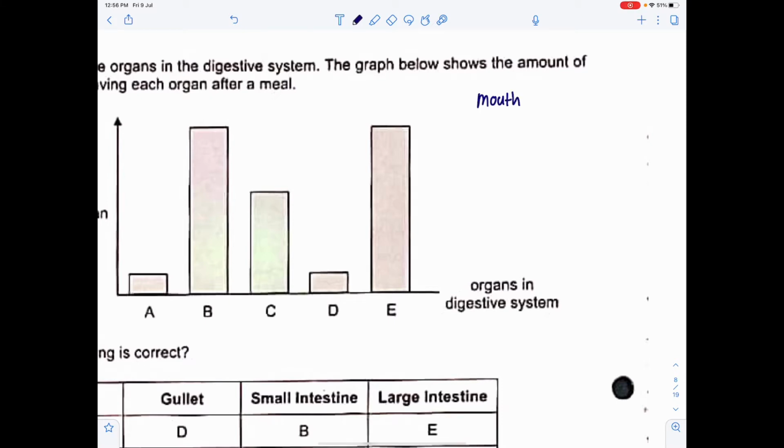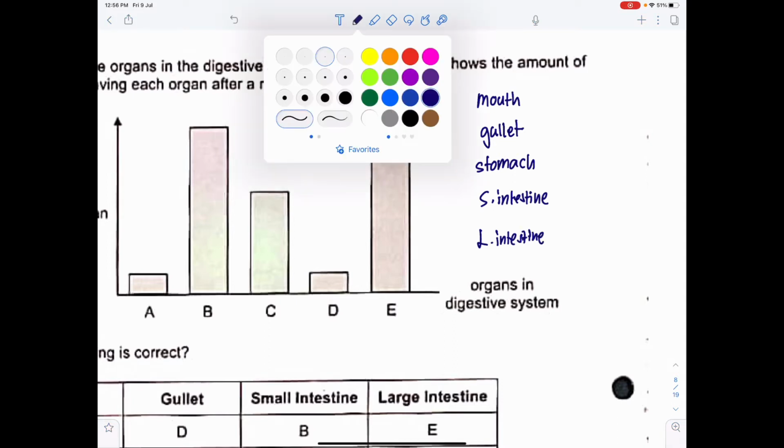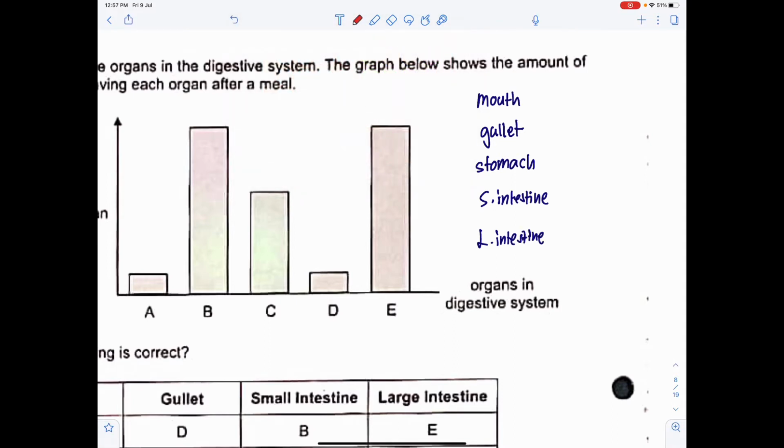The first part will be your mouth, followed by your gullet, and then your stomach, your small intestine, and then your large intestine. So your food goes this way down.